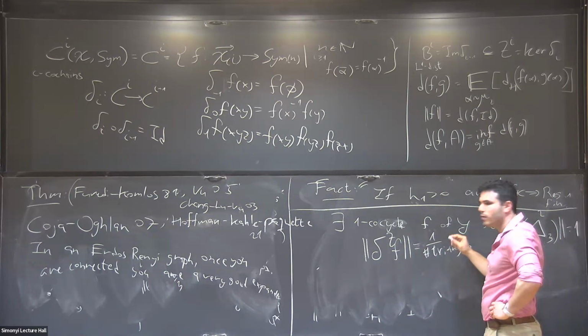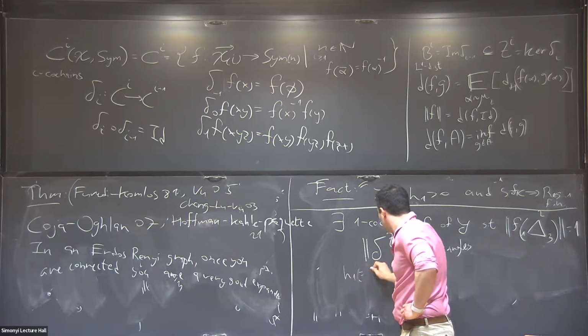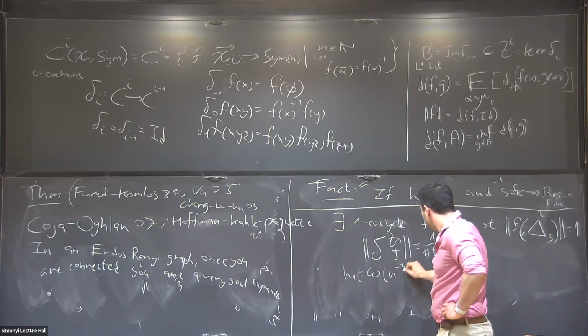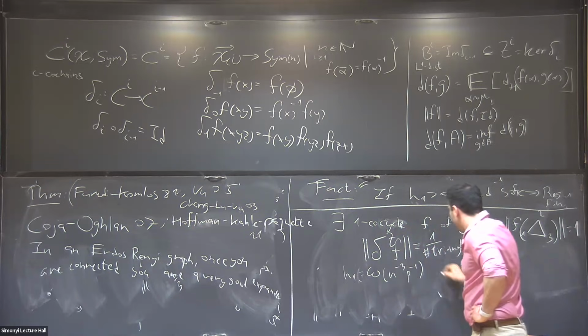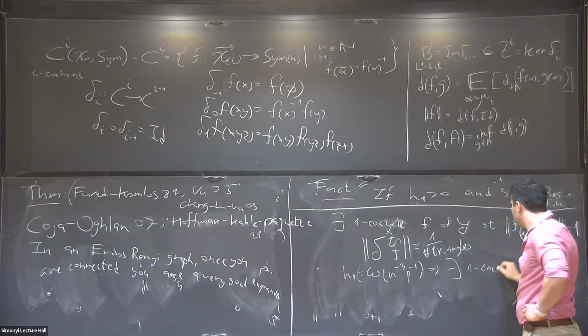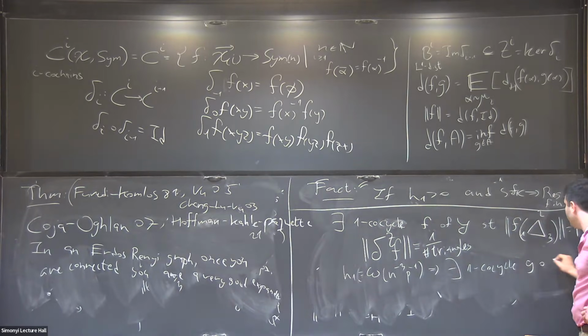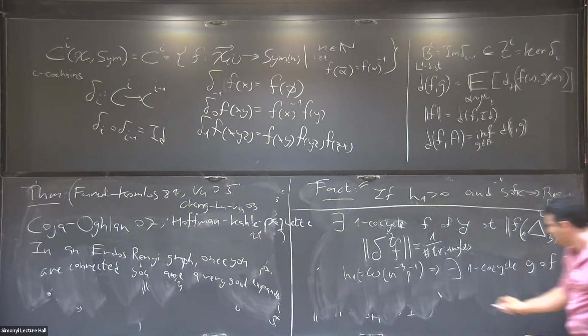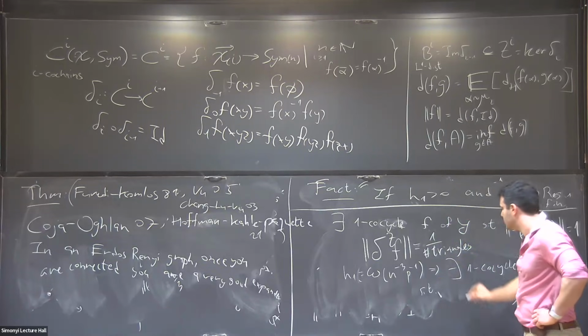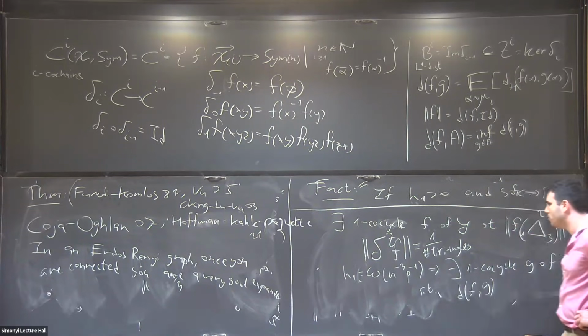The fact that H1 was omega of n to the minus 3, p to the minus 1 implies that there exists a one cocycle G of Z. It's not a one cocycle of Y, it's a stronger condition, it's a one cocycle of Z, such that the distance between F and G is bounded by what?